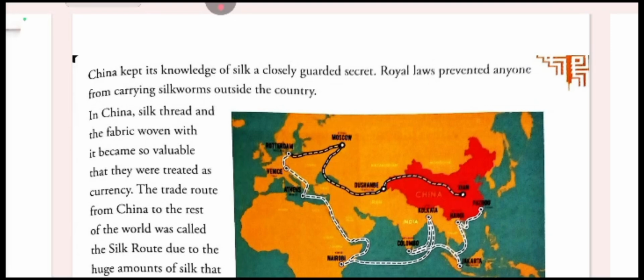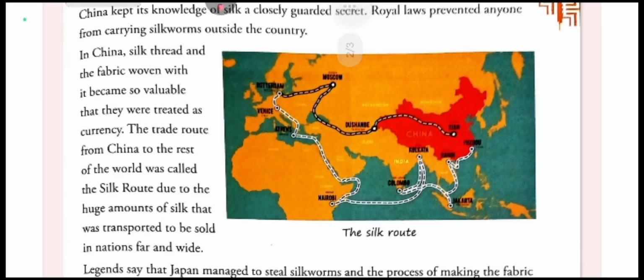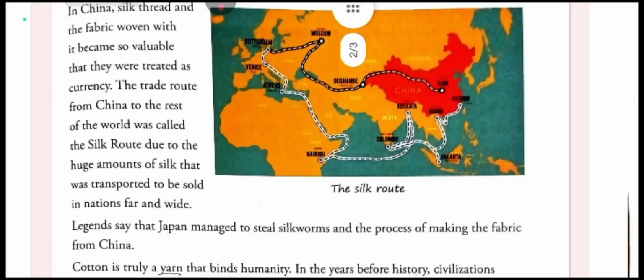So they made a law that nobody would carry silkworms outside the country because they wanted to get the profit out of it. In China, silk thread and the fabric woven with it became so valuable that they were treated as currency.